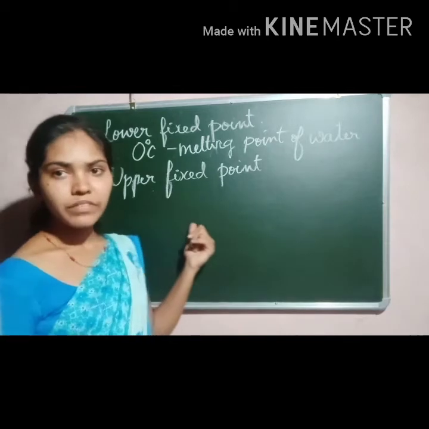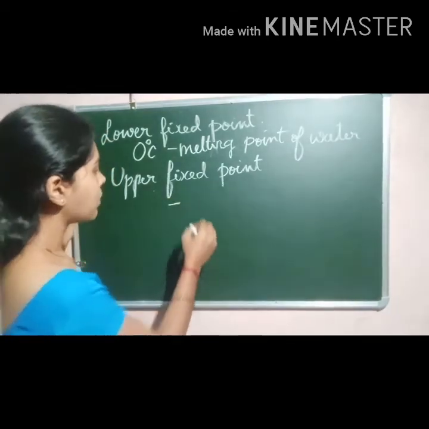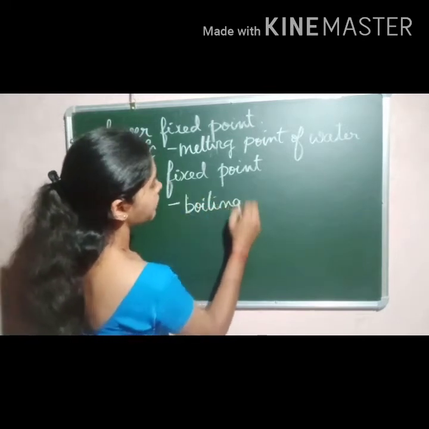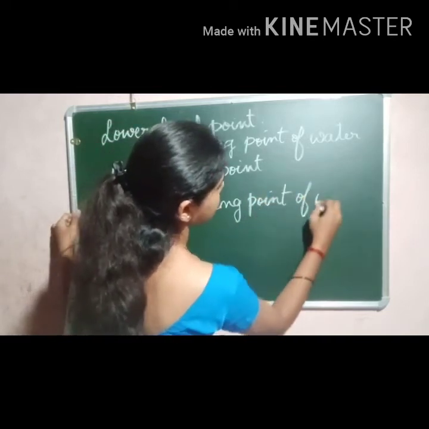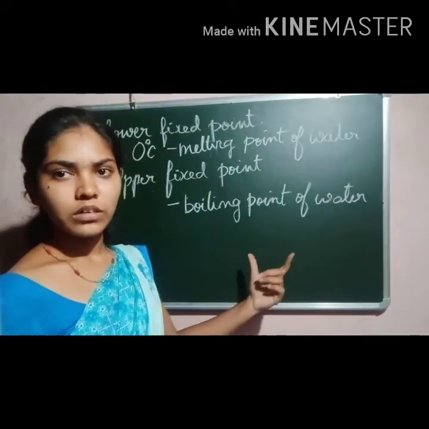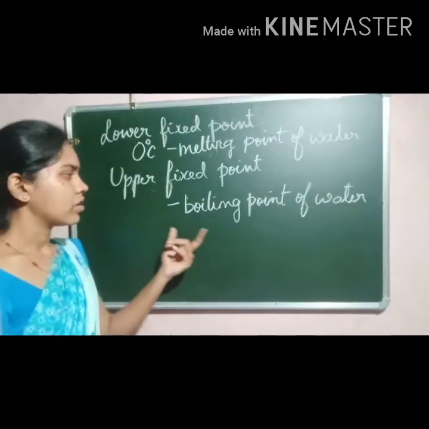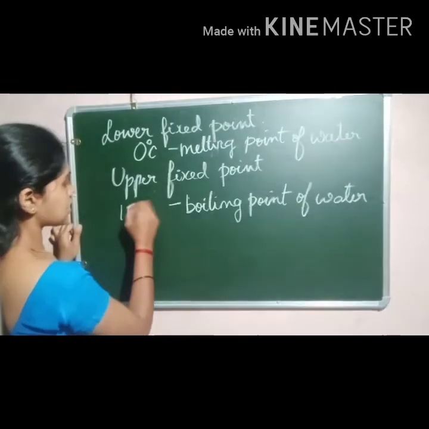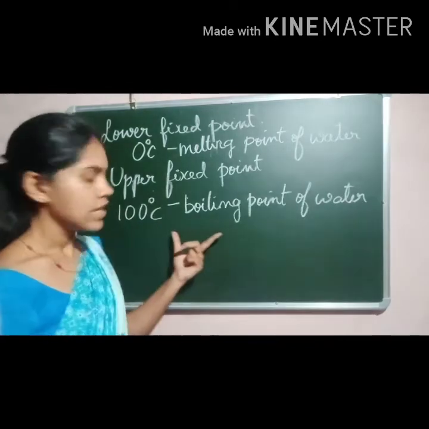And which is the upper fixed point? The boiling point of water is considered as the upper fixed point. You all know the boiling point of water is 100 degree Celsius. So the upper fixed point in the Celsius scale is 100 degree Celsius.